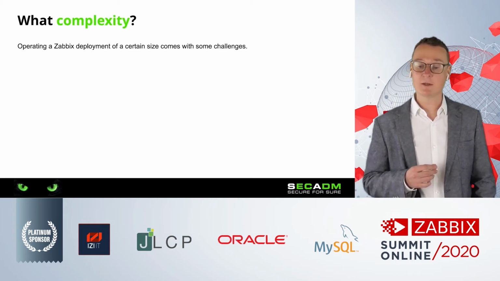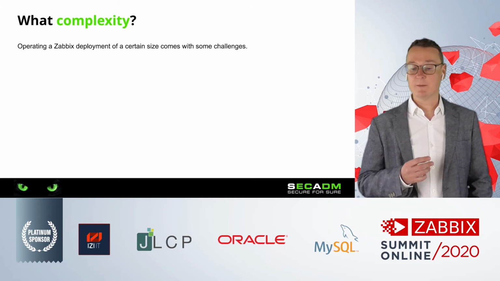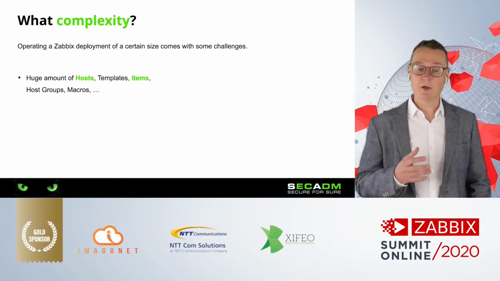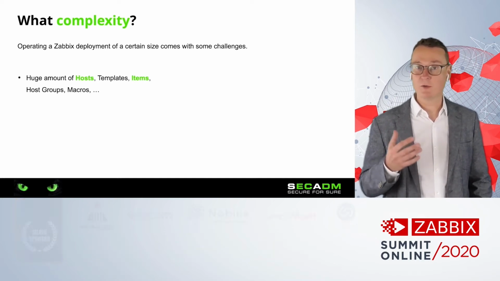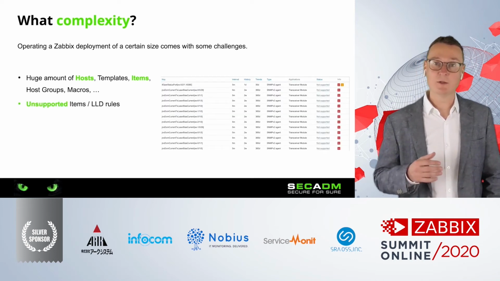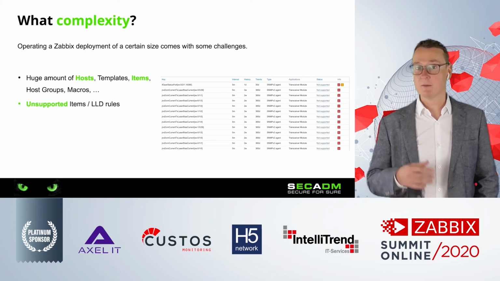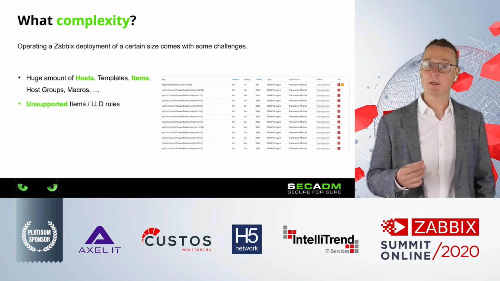It's the complexity that the day-by-day operation of Zabbix comes with. When Zabbix becomes a bit larger, you will of course have a lot of hosts, templates, items, and all those configuration elements inside your Zabbix. But at a certain point, you will also experience several unsupported items, meaning items that are for any reason not able to fetch their information.